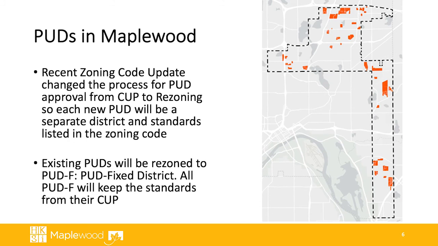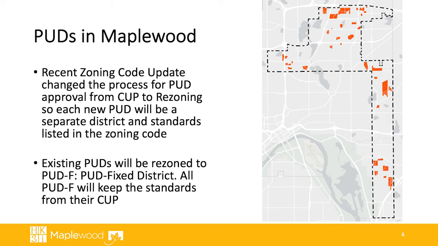Over the last year, the City of Maplewood has begun implementing its 2040 Comprehensive Plan. As part of the implementation process, the city determined that modifications were needed to the city zoning code relative to planned unit developments. With this recent code change, the standards of a PUD will be set through rezoning to a new individual PUD district.